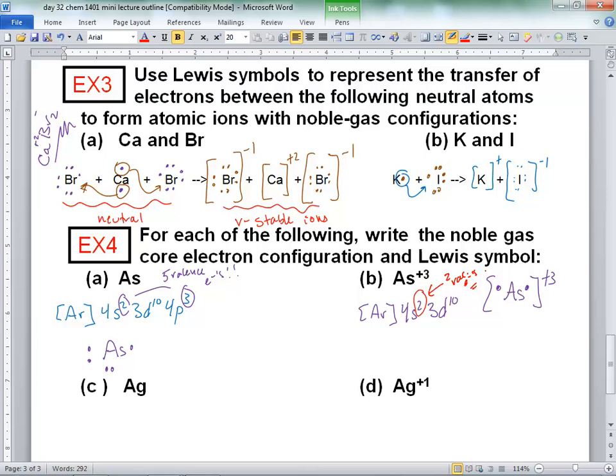So with silver, silver is one of those trick questions. You can make d10 on both silver and silver +1, so make sure you do that. So you don't pull out 2, you just pull out 1. There you go. All right? So make sure you do that.